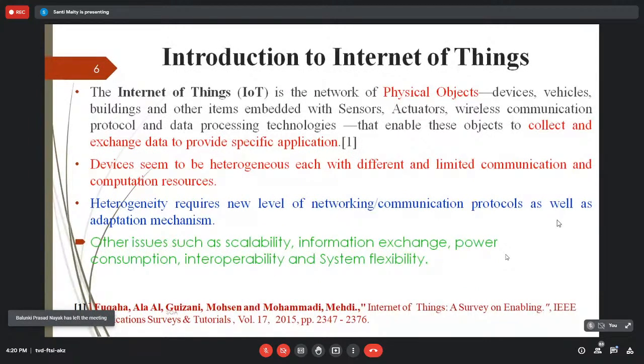They will share data among themselves or with some cloud environment, and these devices or objects are equipped with sensors, actuators, electronics, wireless communications, and processing technologies. They will collect data and share it for certain applications. As I already said, they are heterogeneous. So the basic objective of IoT is to connect heterogeneous devices and systems to provide low-cost, application-specific services.